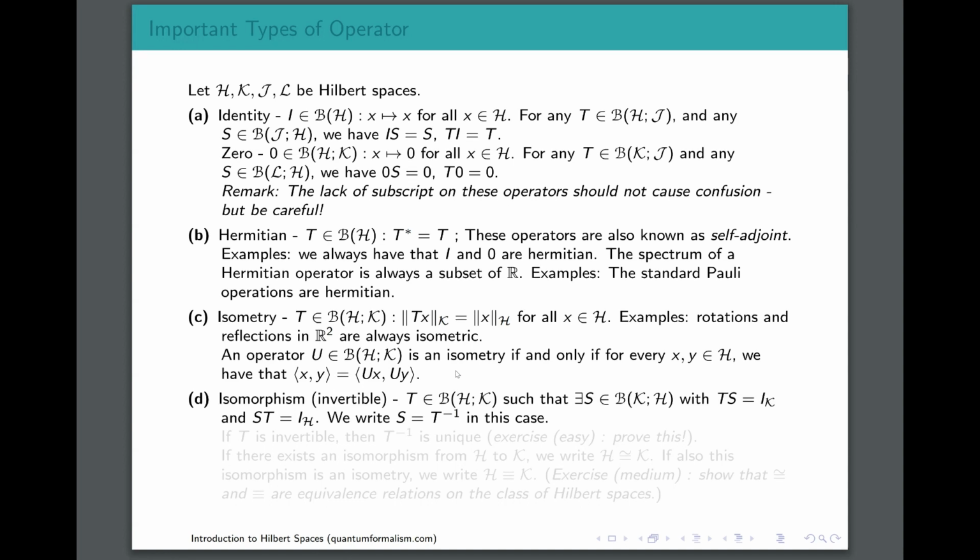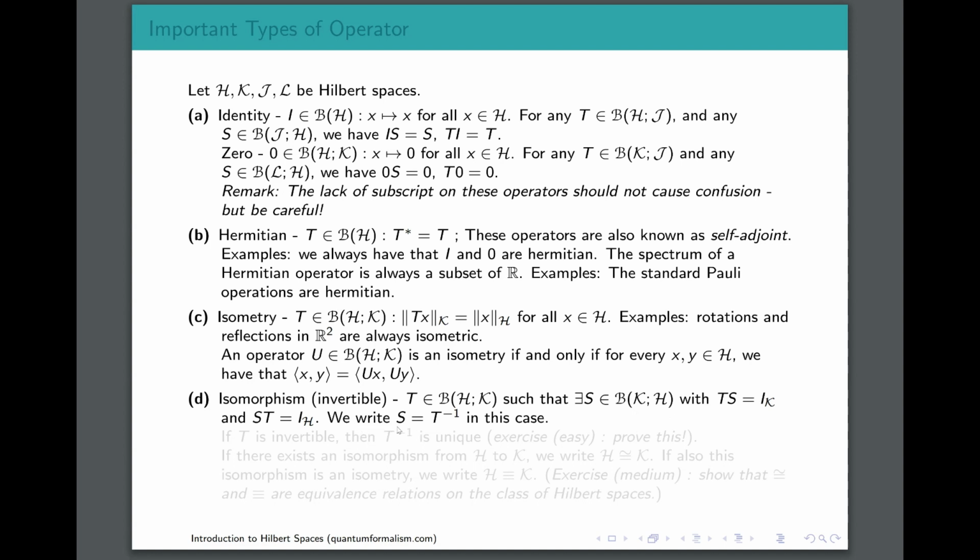The next one, isomorphism. These are also known as invertible operators. These are operators T from a Hilbert space H to a Hilbert space K, for which there exists some S such that TS is the identity and ST is the identity. And S is going to be an operator from K to H in this case.